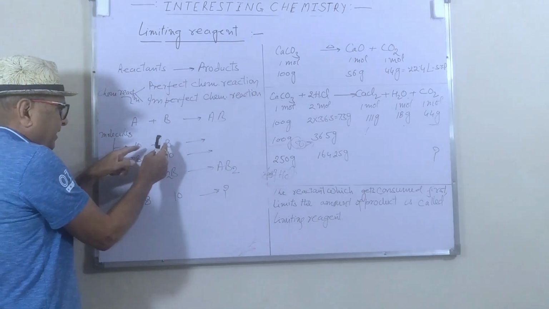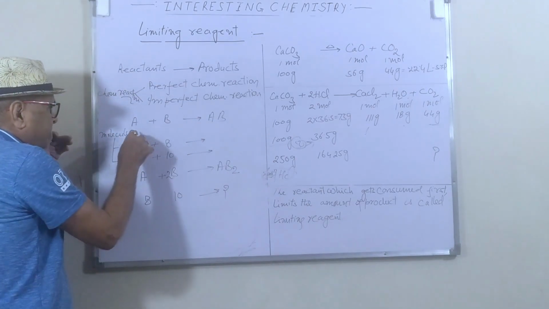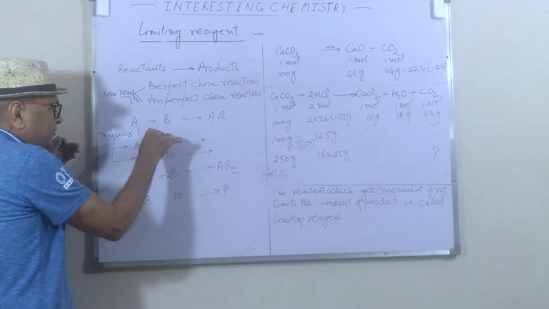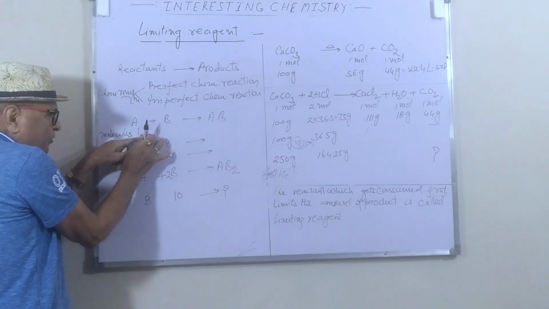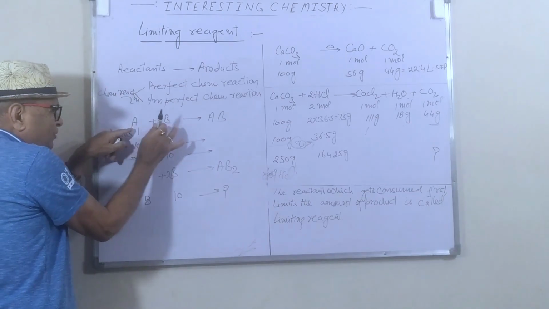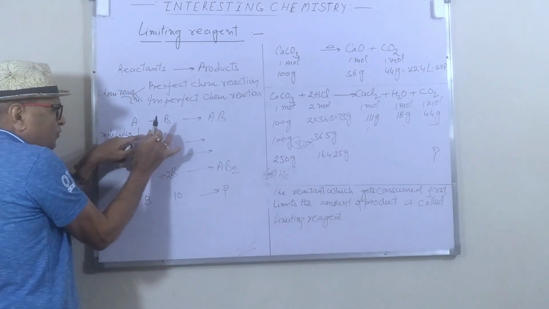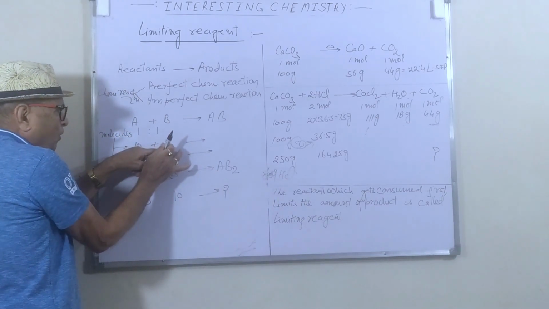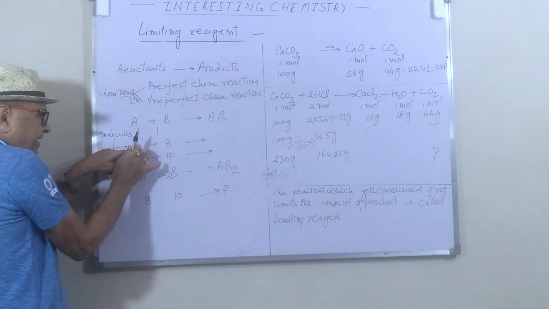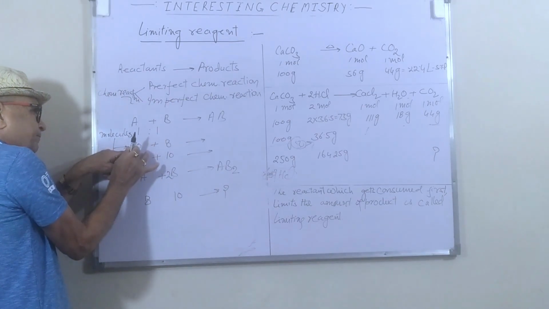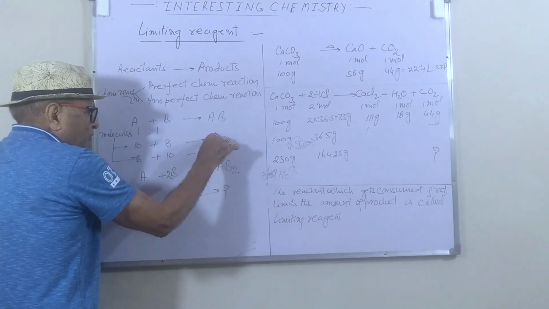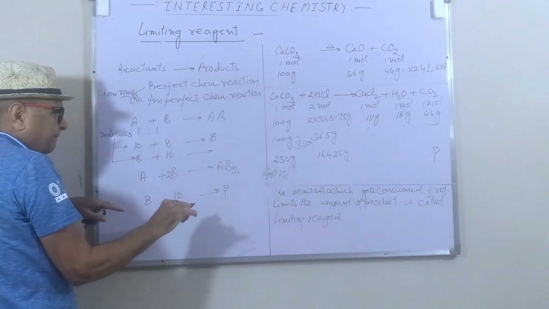Here the requirement is 1:1. The stoichiometric ratio of this reactant shows us 1:1. So these 8 molecules of B will react with 8 molecules of A. Then 8 molecules of AB will be formed.